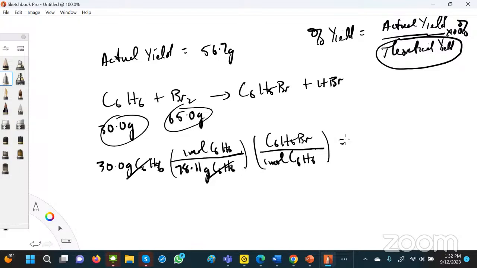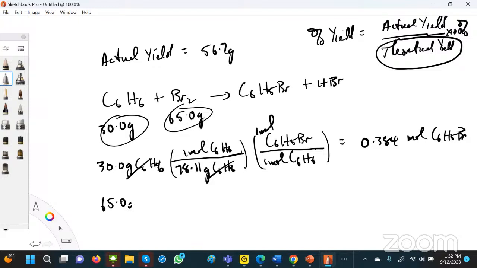So let's see what that gives. 30 divided by 78.11. According to my calculation, that gives 0.384. Okay, what next? Oh, this should be 1 mole here. So 0.384 moles of C6H5Br. Okay. What next?